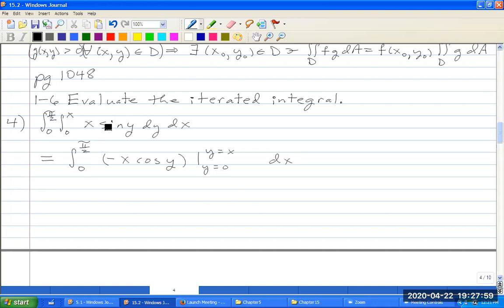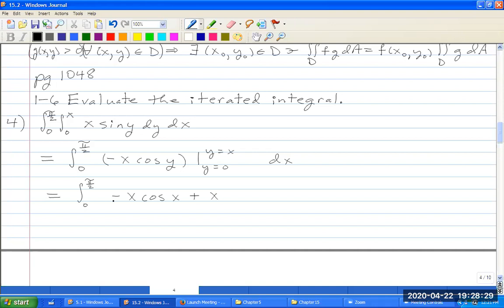Okay, so let's integrate this. This is the integral from 0 to pi over 2. I'm going to substitute for y, x, and for y, 0. And so cosine of 0 is just 1.